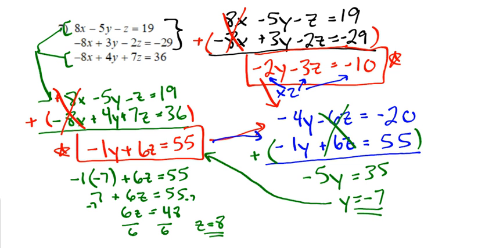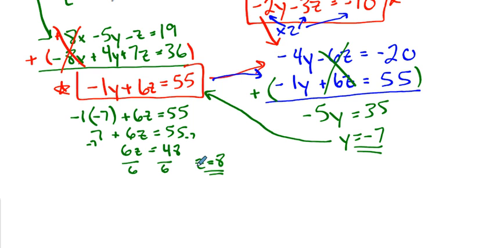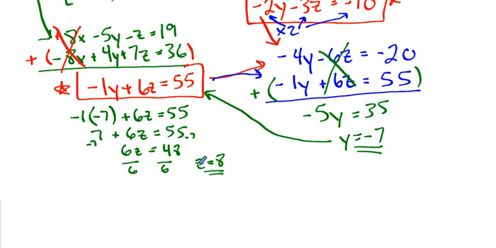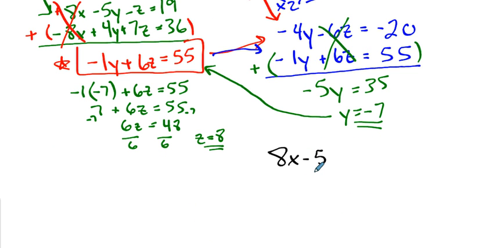So I'm going to use the first equation, and I'm going to have to scroll down a little bit. So that first equation is 8x minus 5y minus z equals 19. And I'm going to plug in what I know. I know what y is, negative 7.